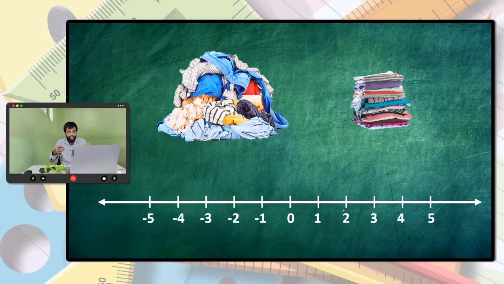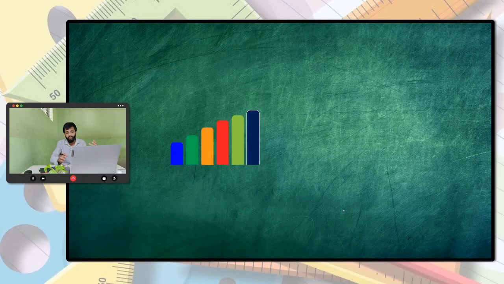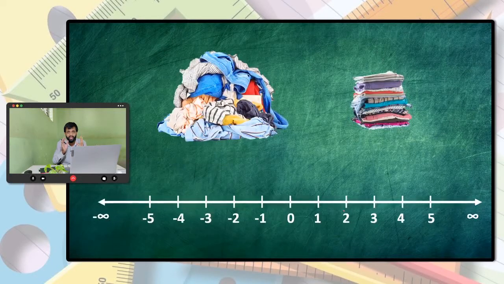There are still more. This number line can be stretched a lot, and when you stretch it, you have negative infinity to positive infinity. So please remember that when we talk about integers, we are talking about all the negative numbers, 0, and all the positive numbers. Together this is that bag of integers.